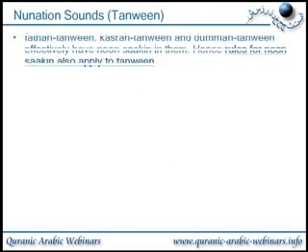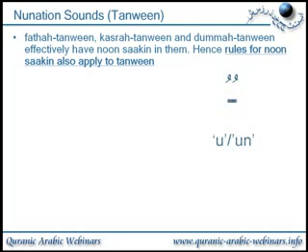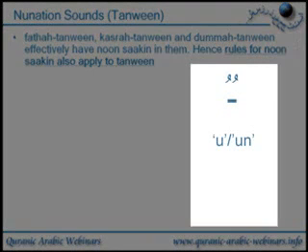Now we're going to look at tanween. Fatha tanween, kasra tanween, and dhamma tanween effectively have the noon sakin in them. Hence, the rules for noon sakin also apply to tanween. So let's do a recap on this. Dhammatain is actually the oo sound with the noon sound added to it, so you get un.